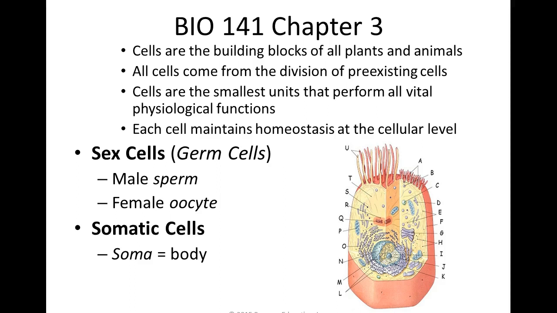There are two basic types of cells. There's the sex cell and the soma cell, so somatic cell. And the big difference between the two is how much genetic data is found in each one. So you have a half complement of DNA in a sex cell. We call it a haploid.